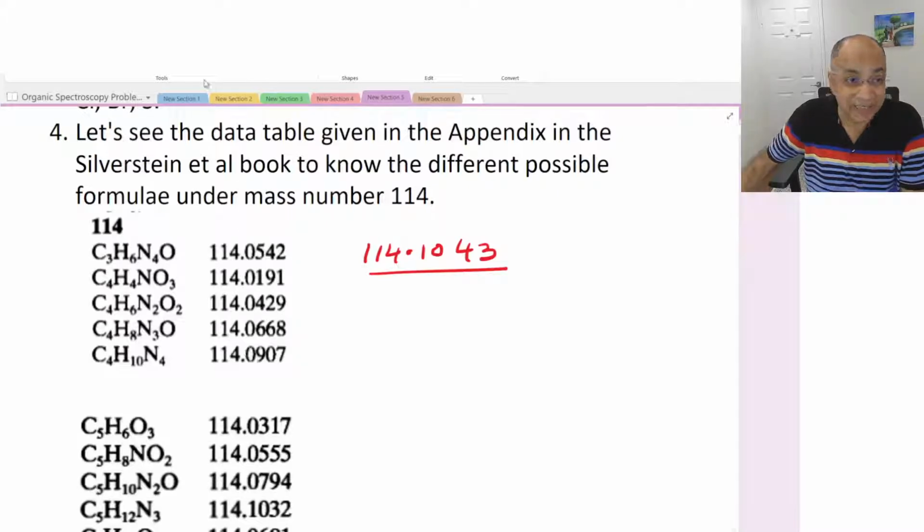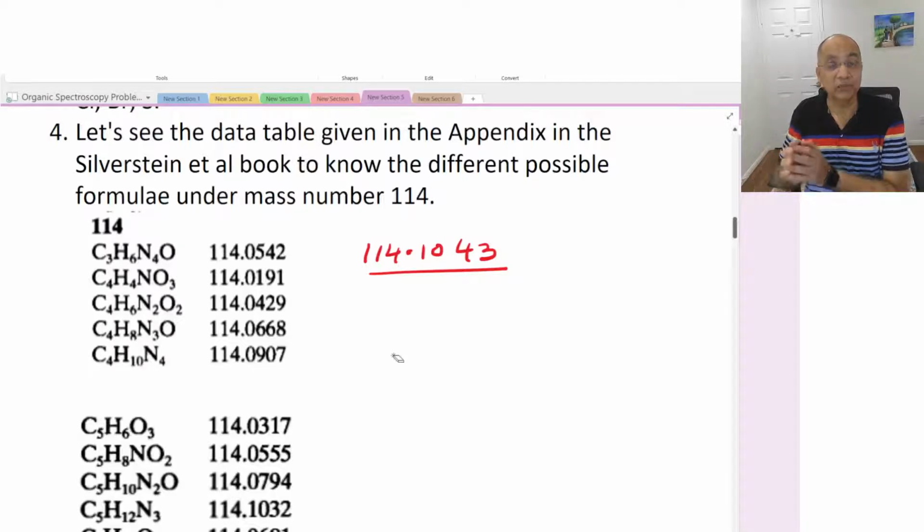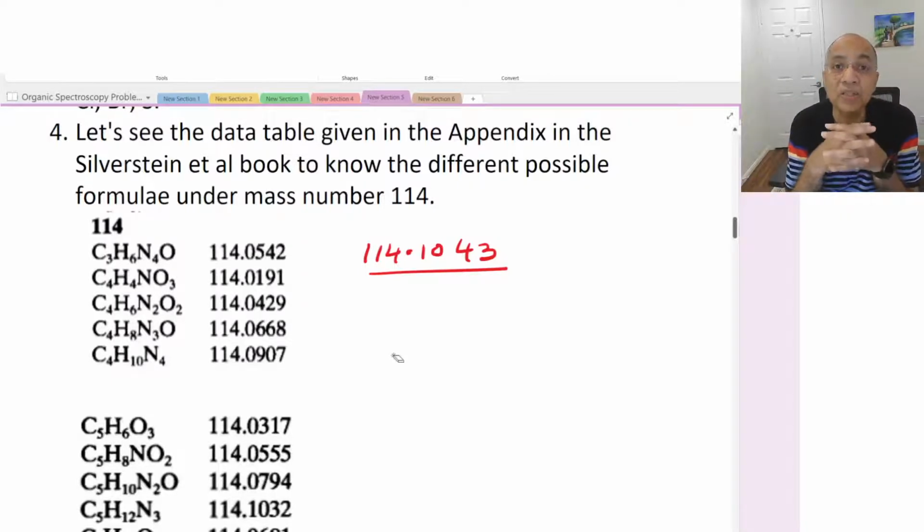And if it is even like the case here, it will not contain any nitrogen, or if at all, there will be an even number of nitrogen atoms. Usually no nitrogen atom. So here, looking to this even value mass number, we are almost sure that there is no nitrogen atom.